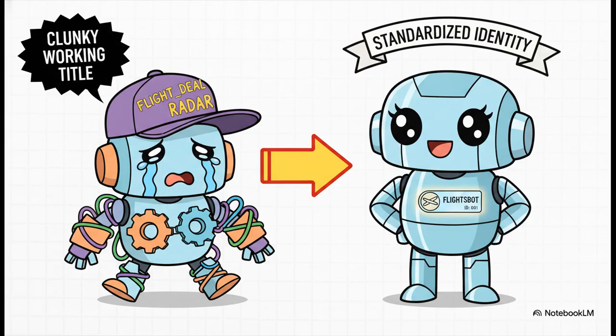The original bot had this clunky, sprawling working title, BWI Central America Flight Deal Radar. It's a bit of a mouthful. To scale it up, it had to be renamed to a much cleaner, standardized format, BWI Central America Flight Spot. And look, standardizing the identity isn't just about making the name prettier. It is the absolute vital foundation that allows multiple bots to talk to each other cleanly down the road without getting lost in a tangled mess of weird naming conventions.